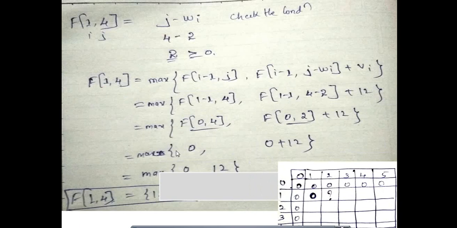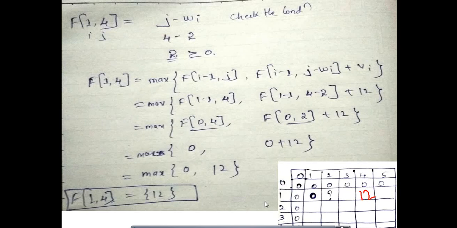Then 0 comma 2, that is 0, plus 12. What is the answer, 0 or 12? Which one is largest? Maximum is 12. So the answer for 1 comma 4 is 12.